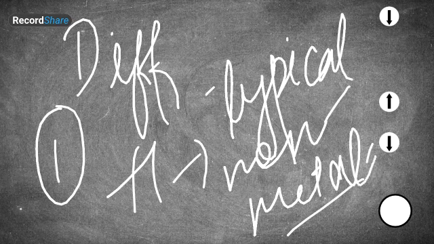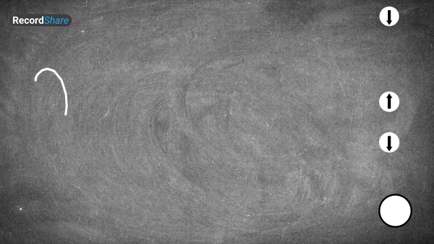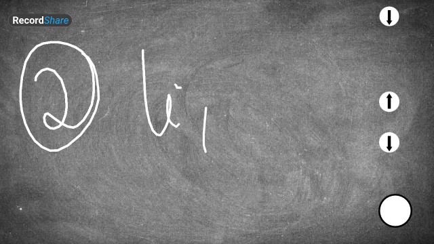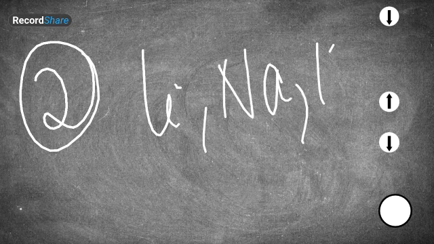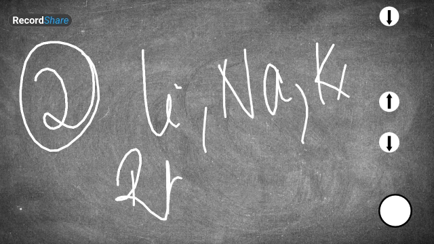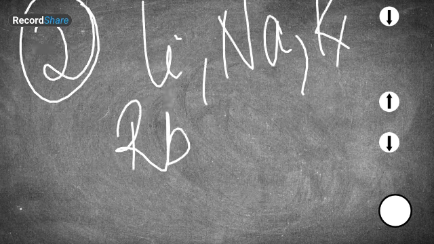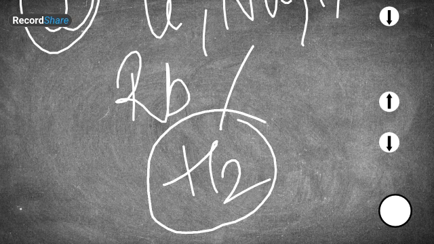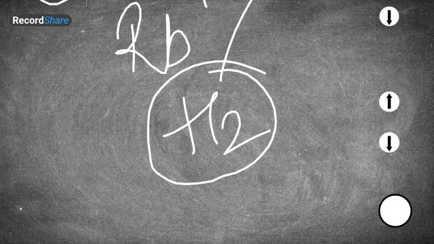Hydrogen is a typical non-metal, but alkali metals in group 1 are all typical metals. Point number 2 of difference is that most of the alkali metals like lithium, sodium, potassium, rubidium are all monoatomic, whereas hydrogen is always diatomic.